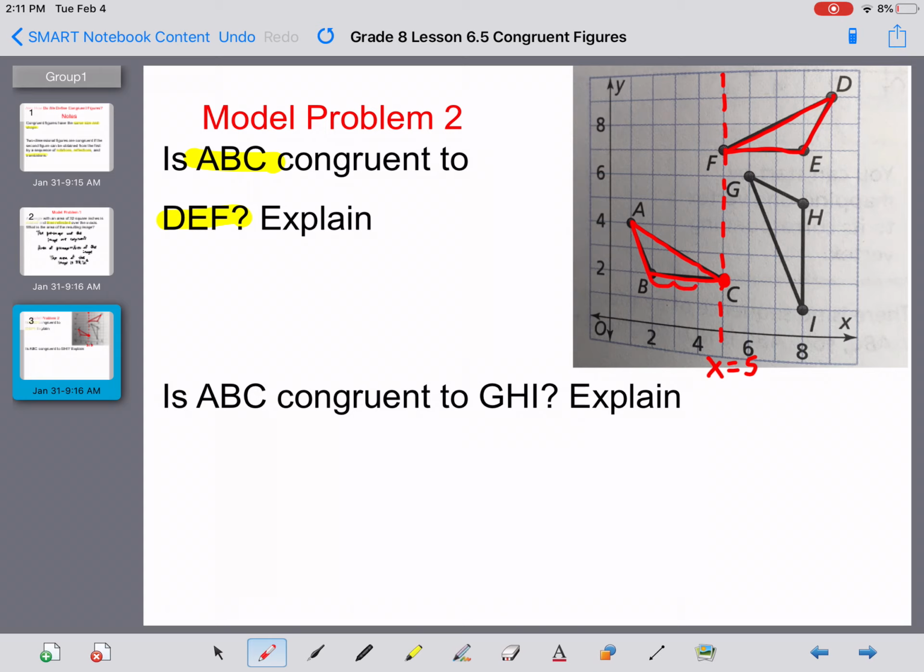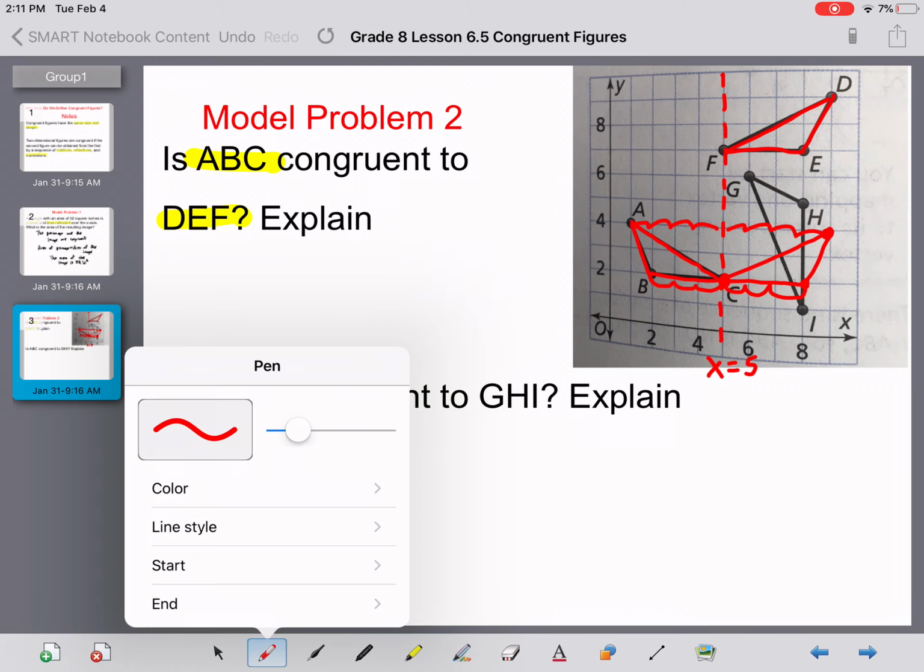B is 1, 2, 3 from my line of reflection, so I could go 1, 2, 3. B prime would be here, and A is 1, 2, 3, 4, so I have to go 1, 2, 3, 4. So this would be A. So this would be my new triangle. So I reflect it over the line x equals 5.